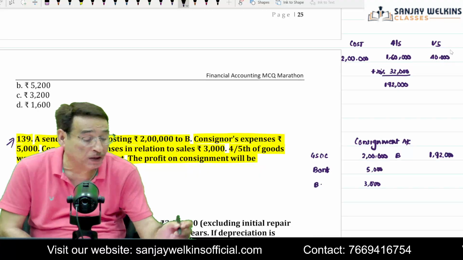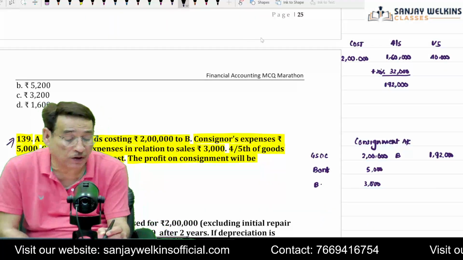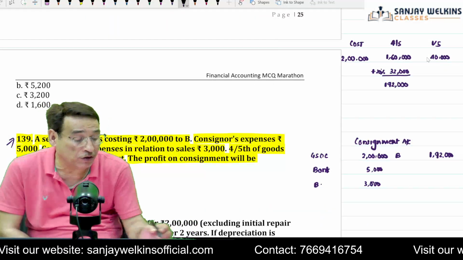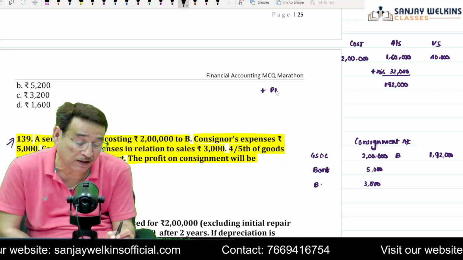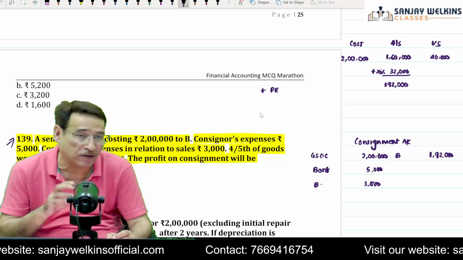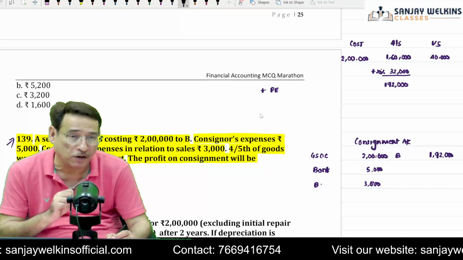Number 1. Correct? Now we will have to do the valuation of the stock. In order to do the valuation of the stock, I will have to add the proportionate expenses of the consignor, because the consignee's expenses are indirect expenses because those expenses are related to sales.